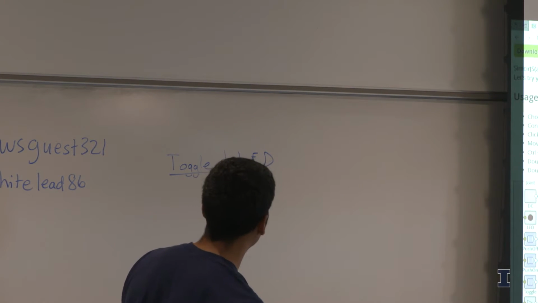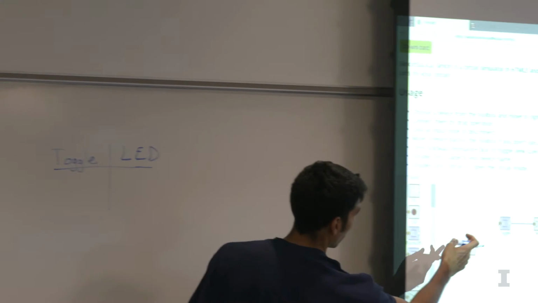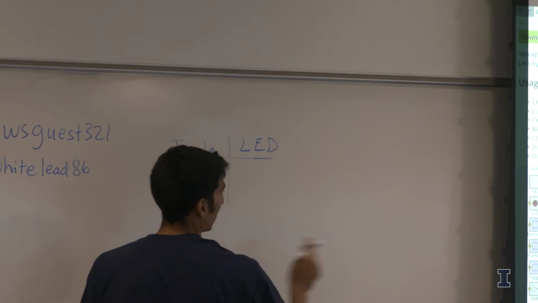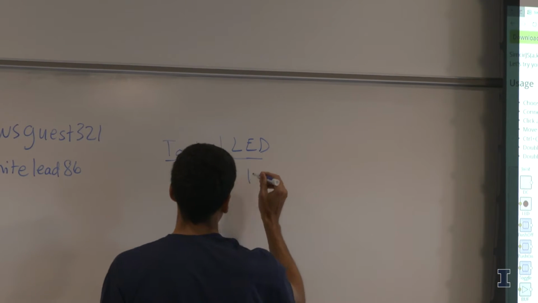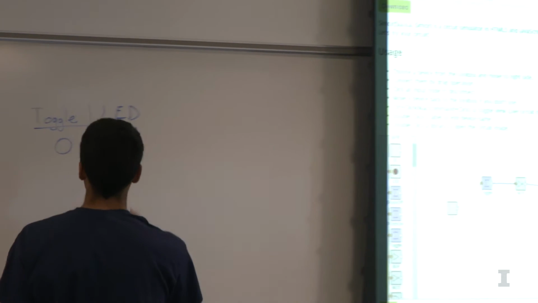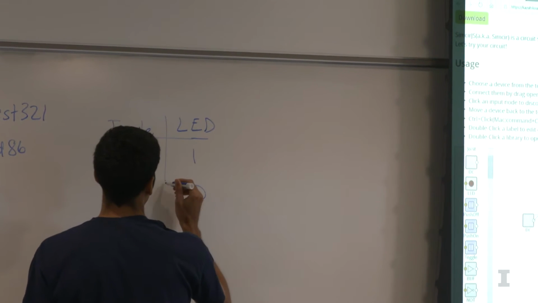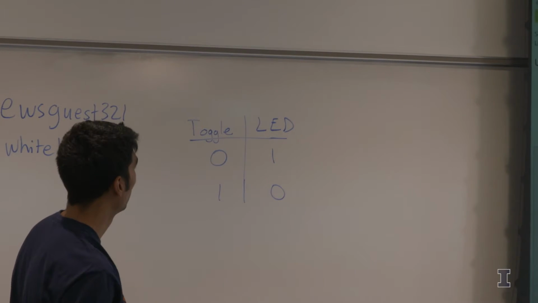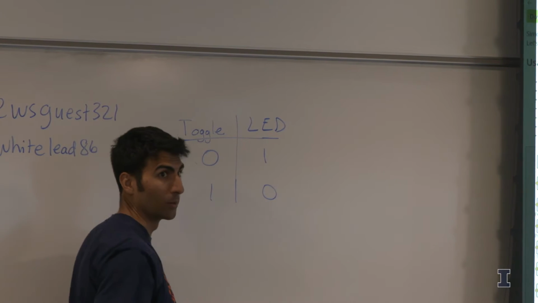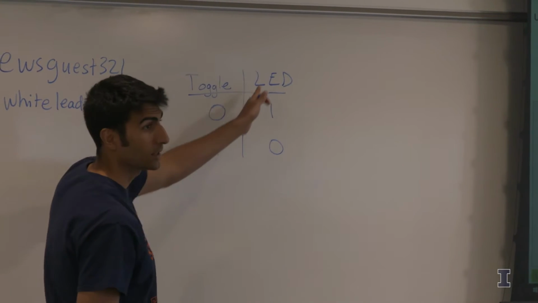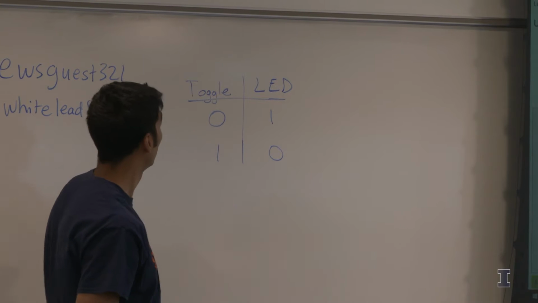And so the relationship here is when the toggle is not pressed, so that would be a 0, the LED is on, right? And now when we press the toggle, the LED would be turned off, so we'd have a 1, 0. Okay? So there we go. This is our first truth table that we built. It's a truth table because it's giving a relationship between inputs on the left and outputs on the right. All right?